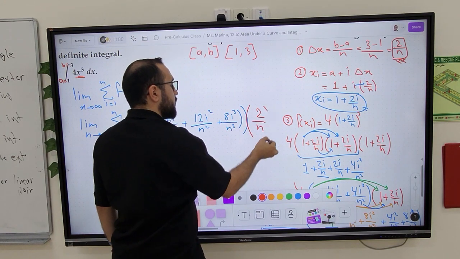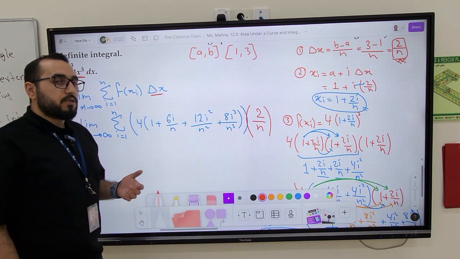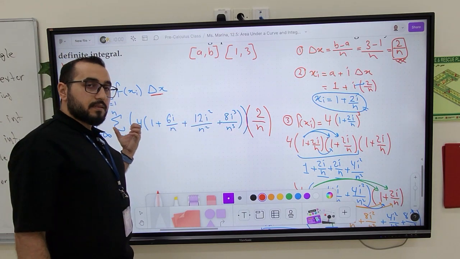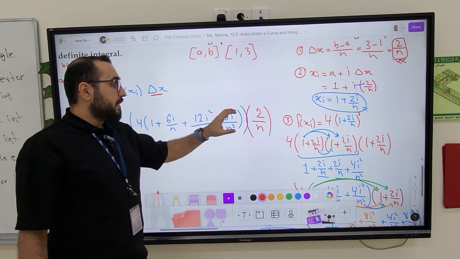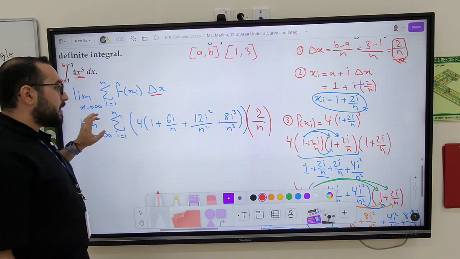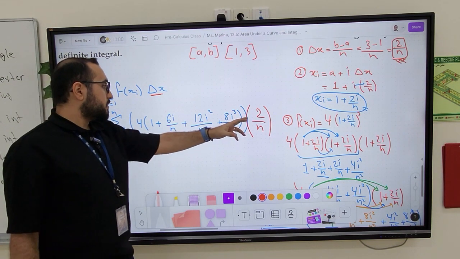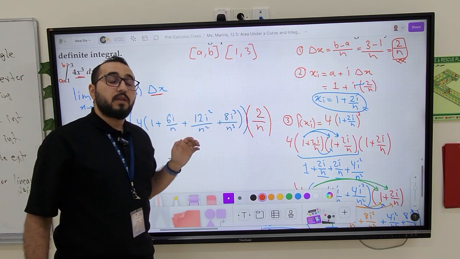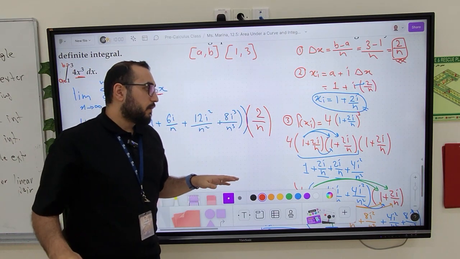Now I will tell you something. You are free to simplify this by taking 2 over n multiplied by the 4 outside, or you can just distribute 4 to every part and then multiply 2 by every part. You are free to do whatever you like.